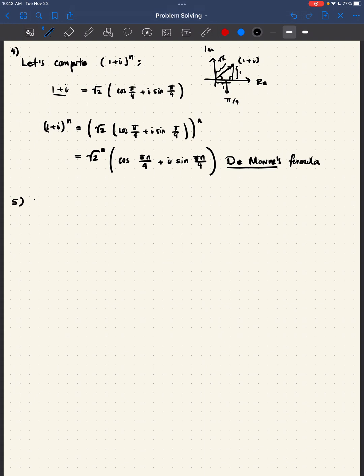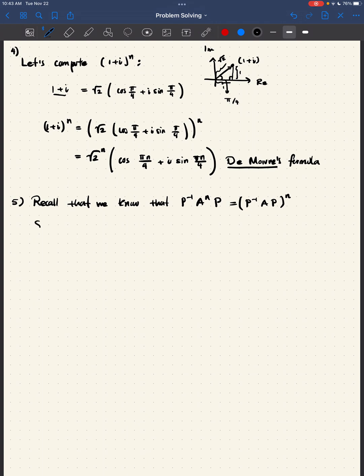5. Recall that we know that P inverse A to the power of n P is equal to (P inverse A P) to the power of n.